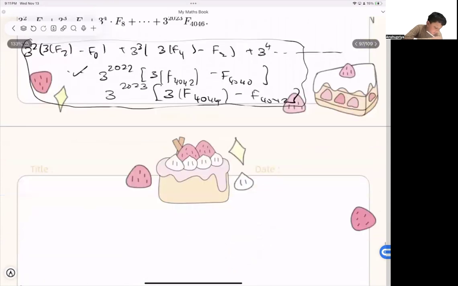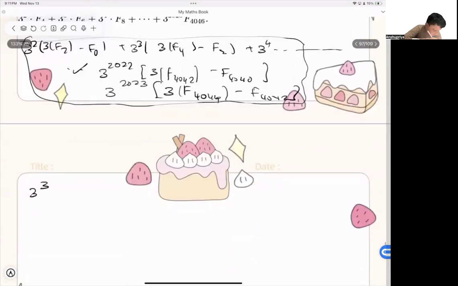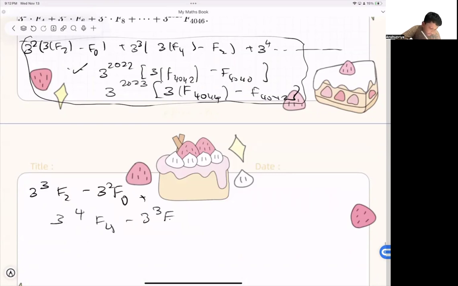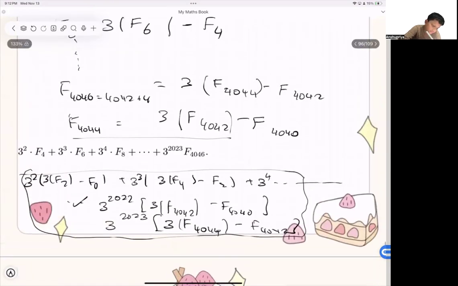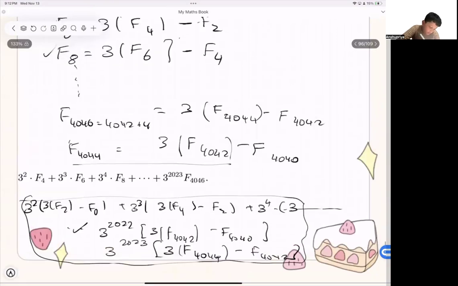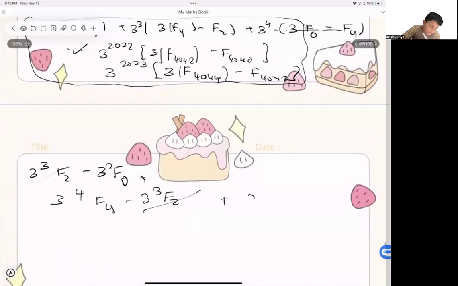Okay, now let us expand this. 3 cubed F2 minus 3 squared F0 plus 3 to the 4 F4 minus 3 cubed F2. Can you see that this and this are cancelling? Okay, let's do the 3 to the 4 term also. The 3 to the 4 term will be 3 to the 4 times 3F6 minus F4, plus 3 to the 5 times 3F6 minus F4.